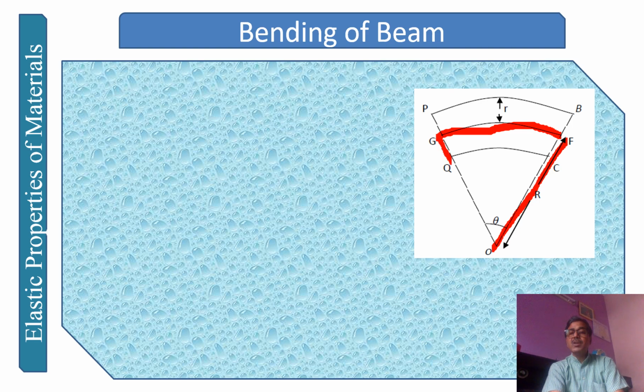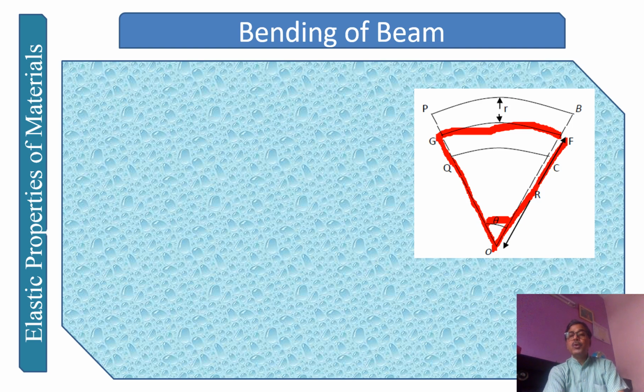This radius of curvature has been taken from the neutral axis, and we are calling it R. These two radii make a particular angle, and let us suppose that angle is theta. Naturally, if theta is very small, angle equals arc upon radius. So theta equals GF upon GO, or GF upon R. Here we say there is no bending.